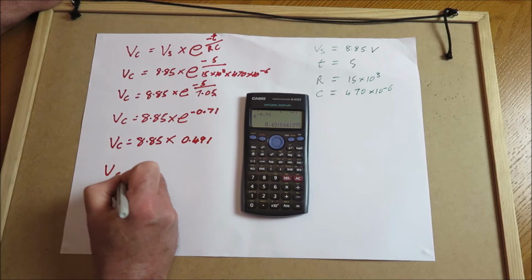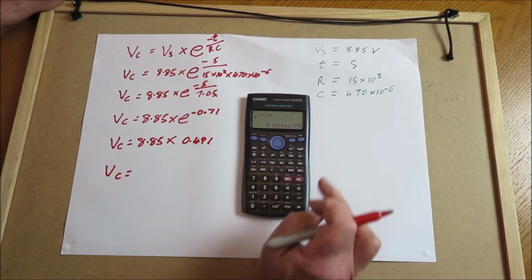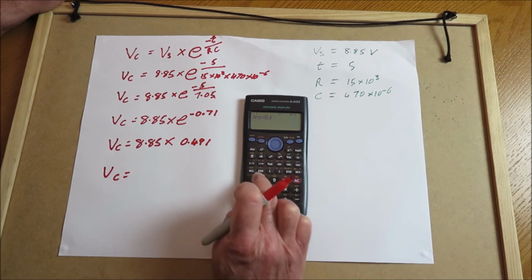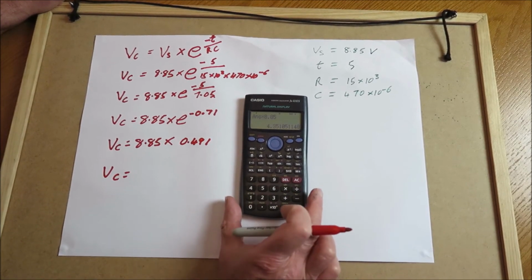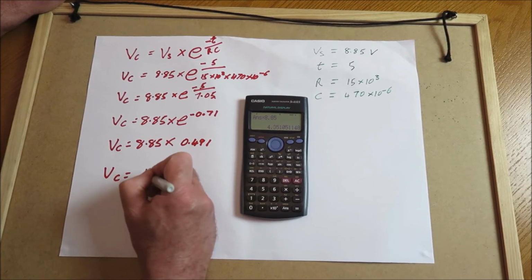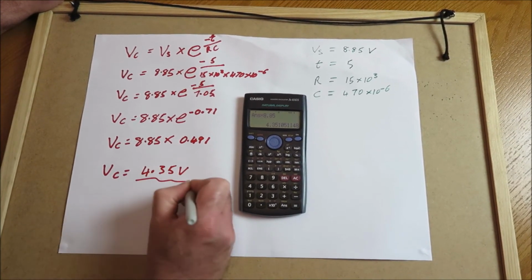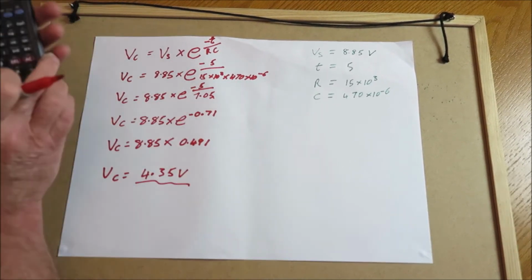So we can then say VC is that multiplied by 8.85, and that equals 4.35 volts. And what did we measure it at after 5 seconds?